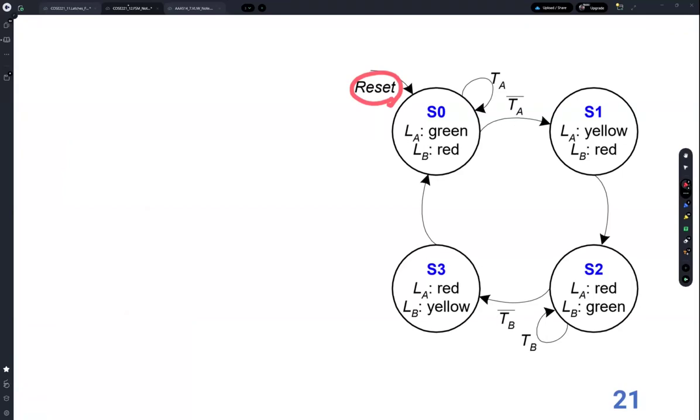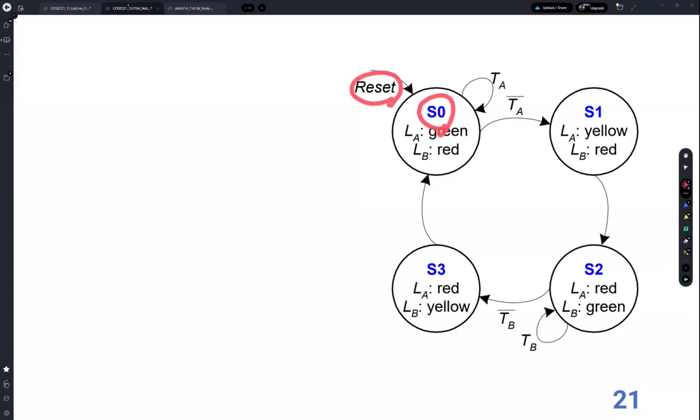If you see the state transition diagram here, you can also find the reset signal. When the reset signal is 1, the next state is S0. We assume the reset is asynchronous, which means if the reset is 1, the output is immediately reflected.